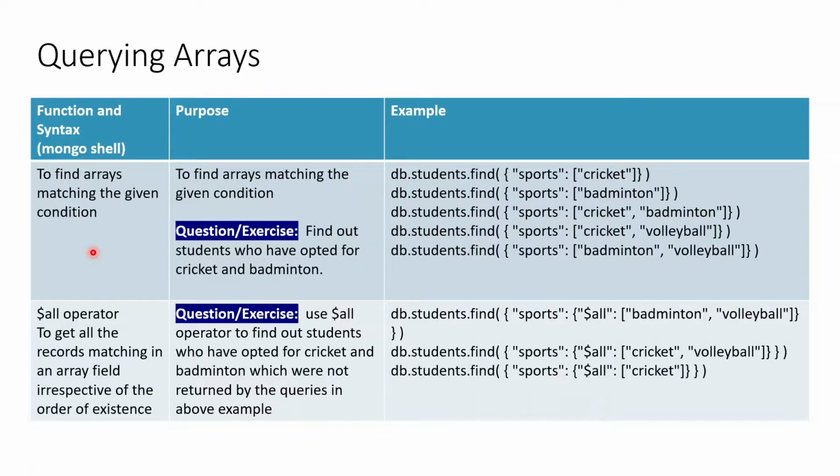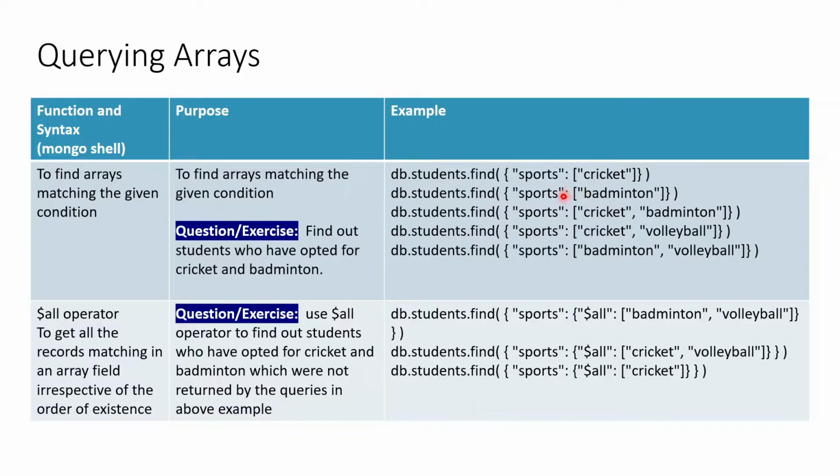Because a document in MongoDB can contain multiple arrays, or items which can be stored in an array. For example, in this case, we have stored students' sports information in an array because a student can play more than one sport.